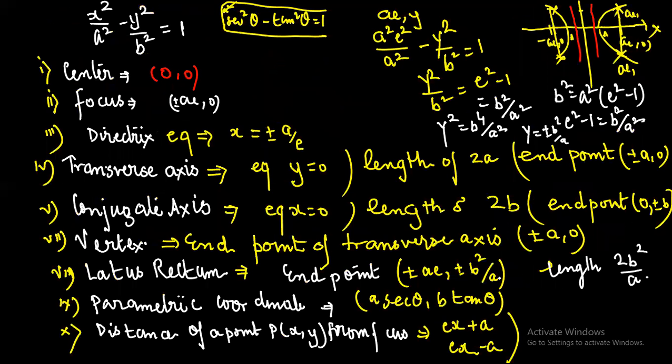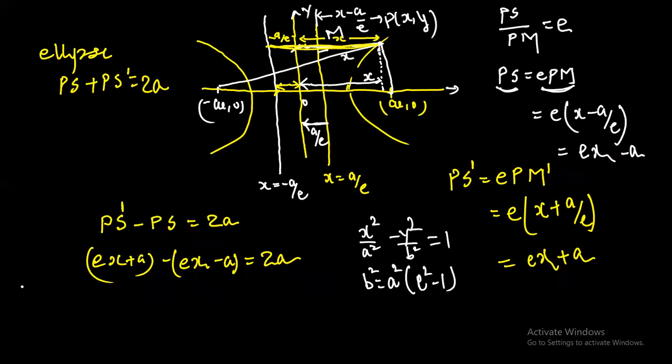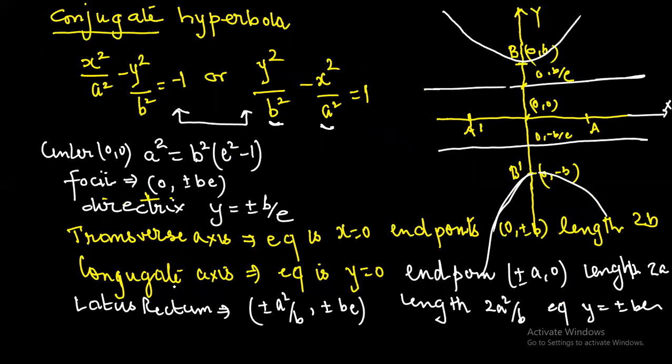Next we have the parametric coordinate. Let's talk about the parametric coordinate. What will be the parametric coordinate? You can see that we are considering there a sec theta comma b tan theta.